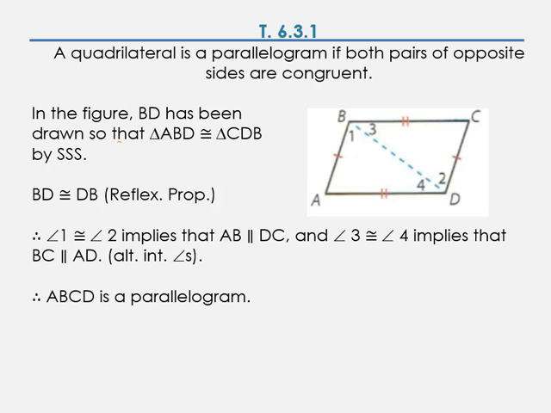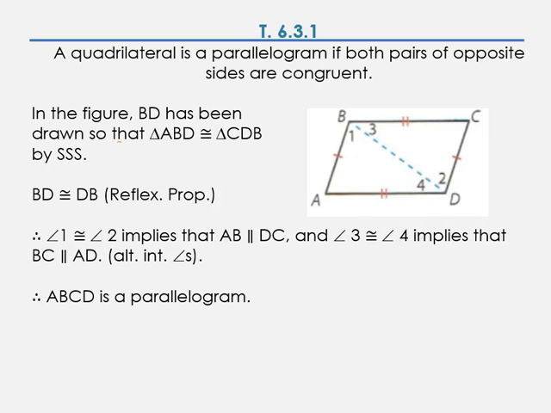Theorem 6.3.1. A quadrilateral is a parallelogram if both pairs of opposite sides are congruent. In this figure, we have quadrilateral ABCD. Line BD has been drawn so that triangle ABD and triangle CDB are congruent by side, side, side.